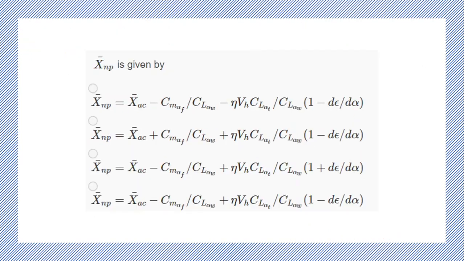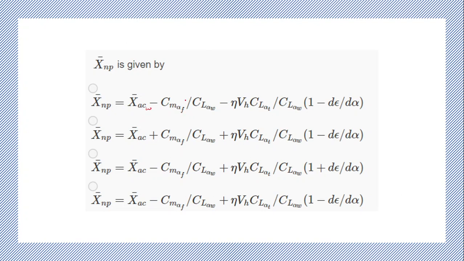Okay. Next question, x bar np is given by... So what was the equation for the neutral point? Let's try deriving this. X bar np. Just look at all the equations once and maybe come up with a way to derive this. Are all the terms familiar to you? So x bar np is the neutral point. Xac is the xac of the wing.